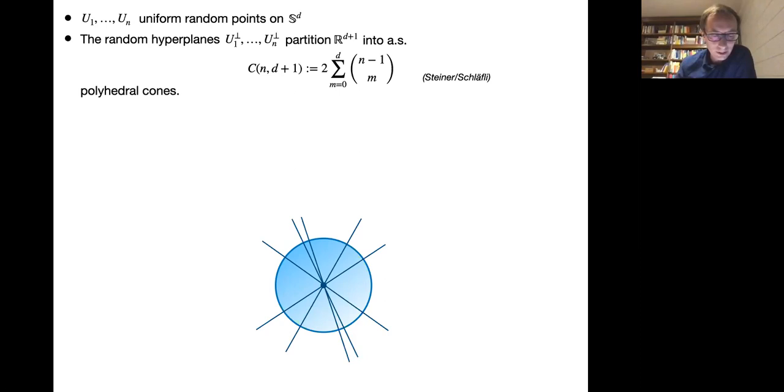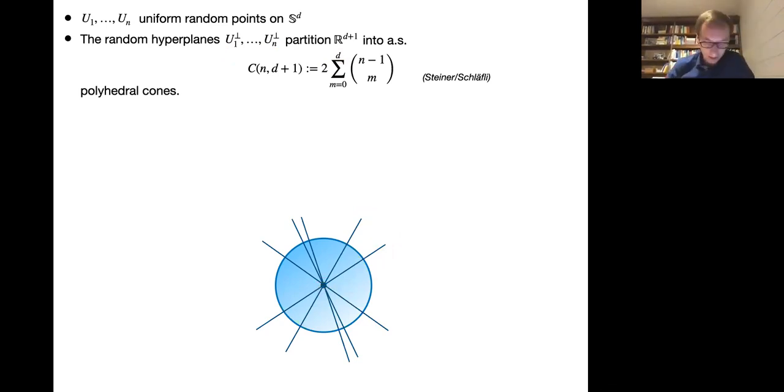And for each point, you construct the hyperplanes U_1 perp to U_n perp. Here you don't see the points, but in my picture, you just see these hyperplanes, and you see that these n random hyperplanes partition the ambient Euclidean space R^{d+1} into random cones, right? You see here all these random cones that are glued together at the origin.